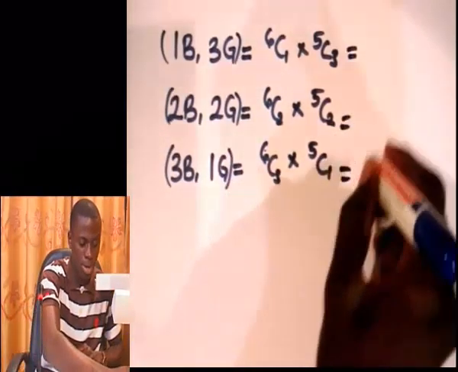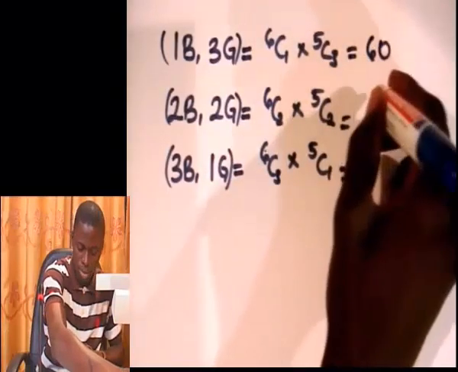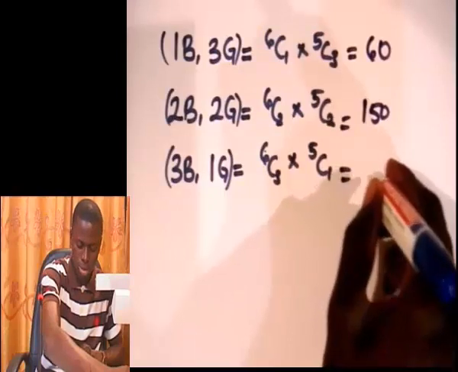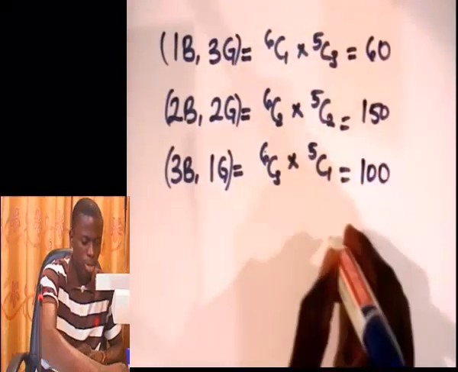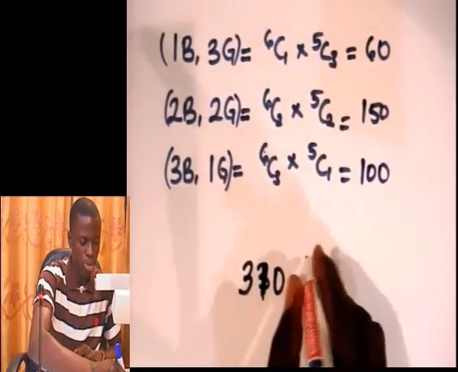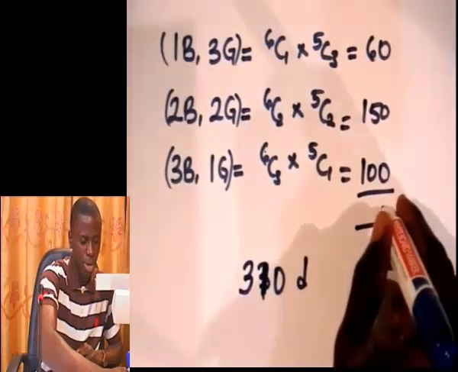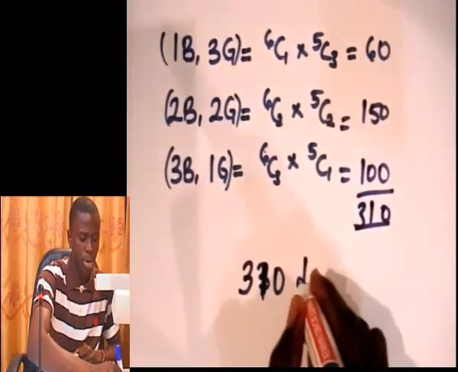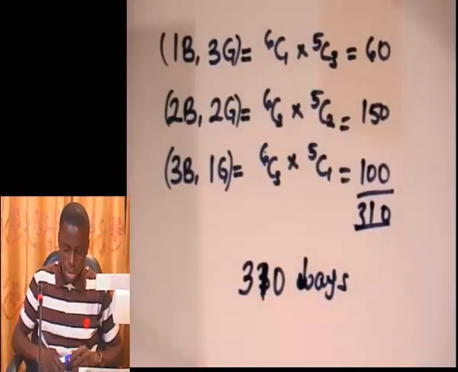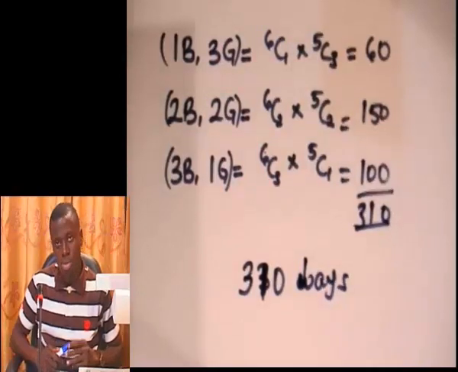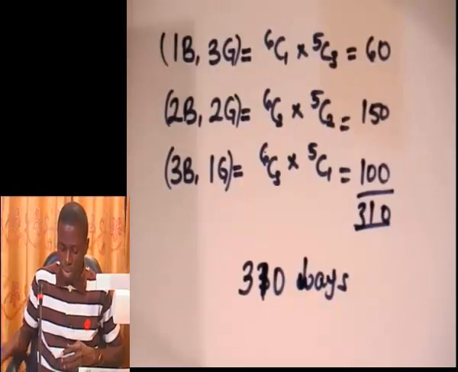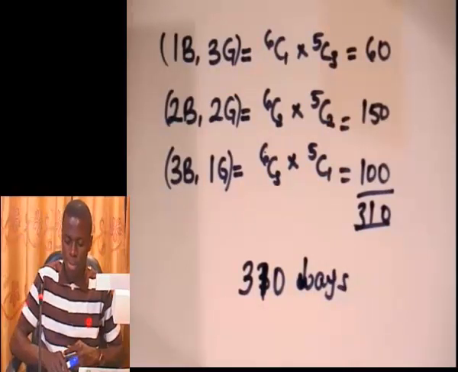Summing everything, this gives us 60, 150, then 100, and a total of 310 distinct ways. So 310 ways of selecting. Please let's take note: when you're given constraints or conditions, you have to consider them very well.